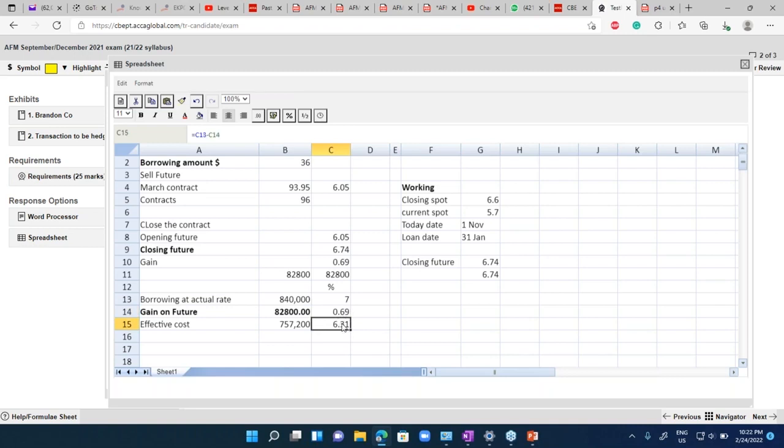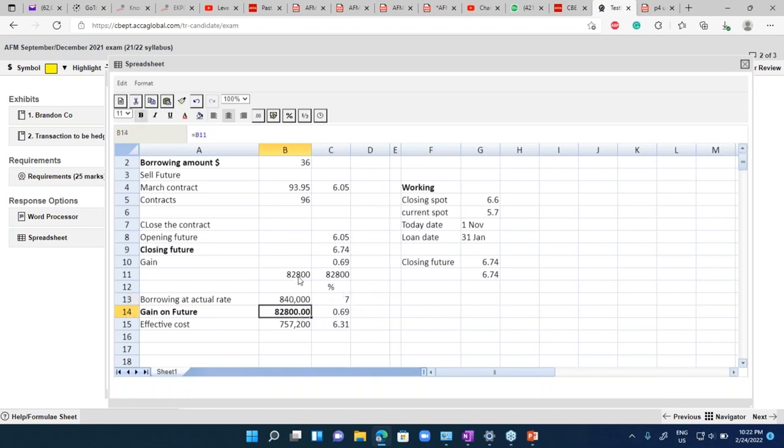Next, net cost will be 6.31%. And if you convert the 7% into absolute amount, how will you do it? 36 million into 7% into 4 by 12. 4 by 12 is the duration of the loan.